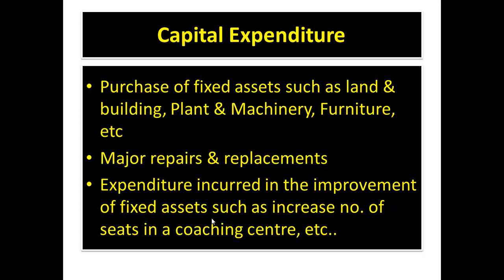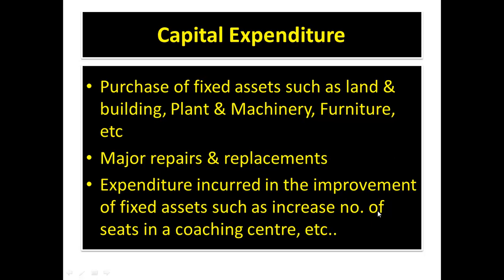The purchase of fixed assets such as land, building, plant, machinery are the examples of popular capital expenditure. Some major repairs and replacements of existing assets will also be called capital expenditure. So is expenditure incurred in improvement of fixed assets.